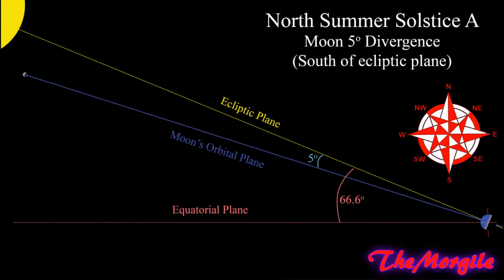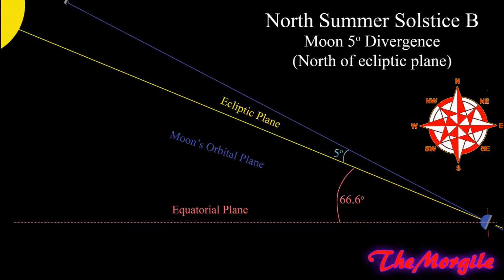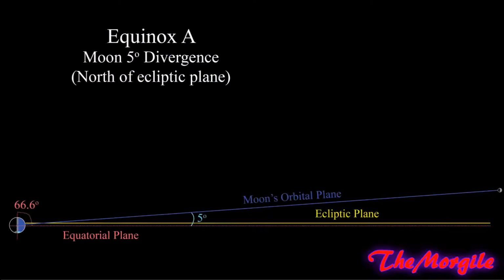What's even more interesting about this is that our axis of rotation is, again, supposedly tilted from the ecliptic plane, or our alleged orbital plane around the sun, by 23.4 degrees from a line perpendicular to the ecliptic, meaning the moon should technically be orbiting the Earth at a 5-degree divergence from the equatorial plane in order to remain between the tropics at all times, even hypothetically.